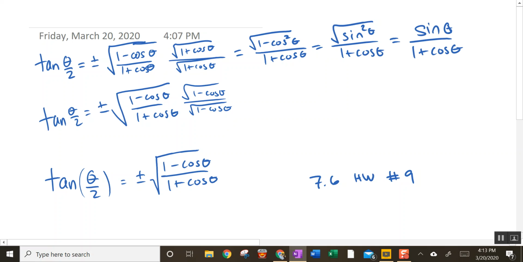For the second variation, we just multiplied by the other conjugate, which is 1 minus cosine theta.